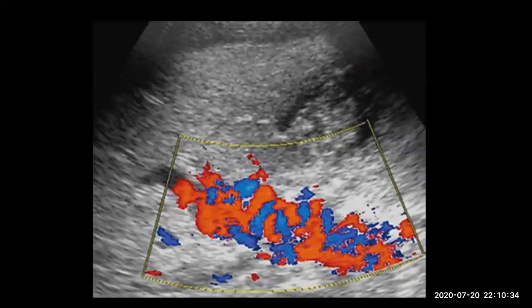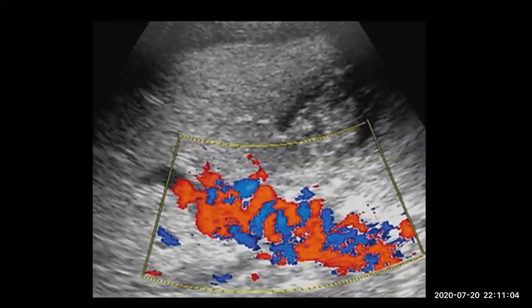This is cavernous transformation. What is the cause of the cavernous transformation? Complete thrombosis of the portal vein. If you want to describe the finding, how do you describe it? The main portal vein is not well visualized.